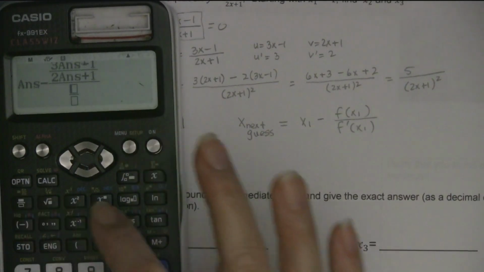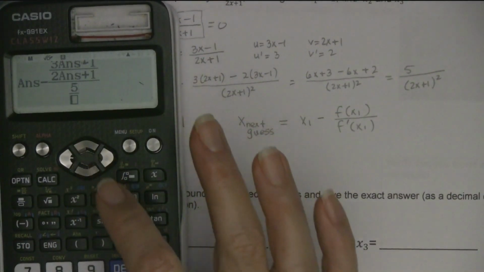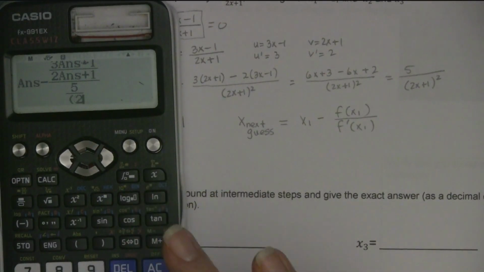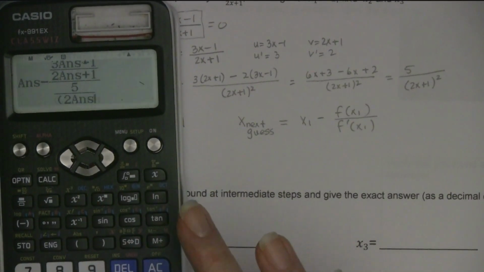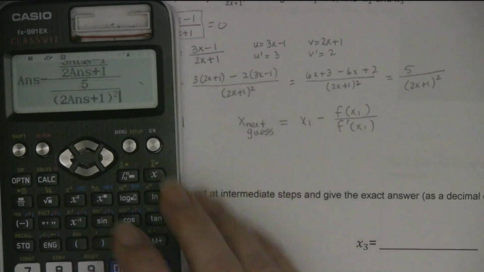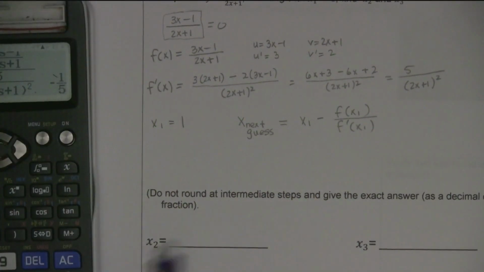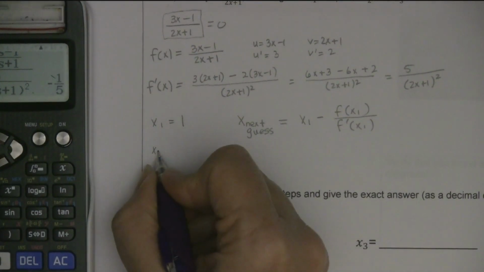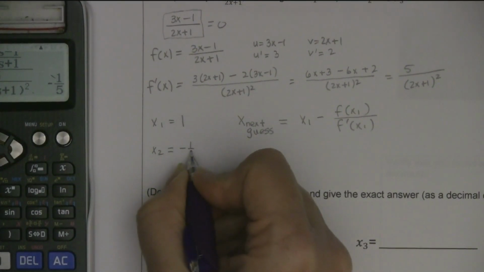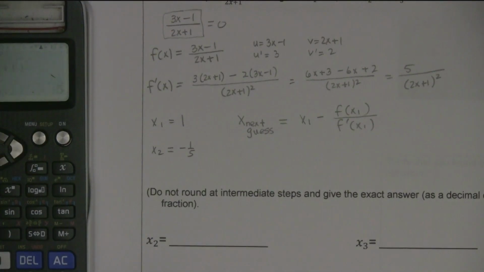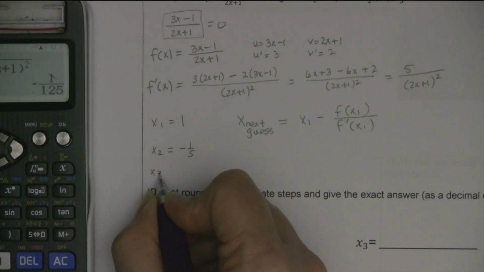So I want a fraction, and I want 5 in the numerator, and parentheses 2 times the answer plus 1, quantity squared. Okay, when I hit the equals one time, this is my x2. And when I hit it another time, that is my x3.